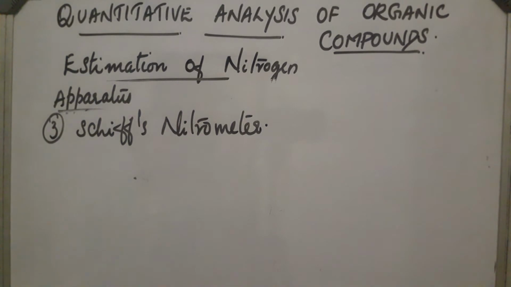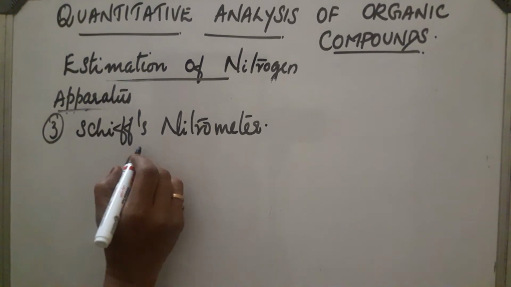The nitrogen produced after combustion will contain excess carbon dioxide, so we have to remove this carbon dioxide. For that, first we pass it through the Schiff's nitrometer.